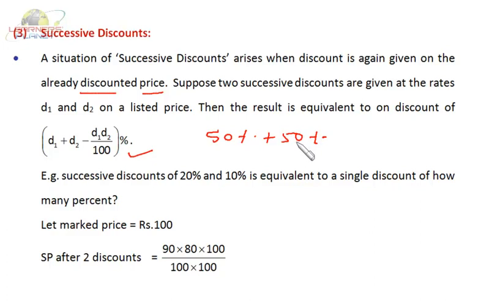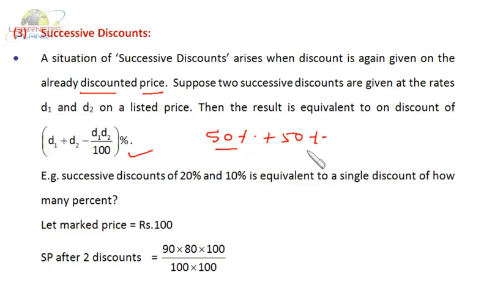But actually it is not free, it is a successive discount. That means first you are getting a discount of 50%, then on that discounted price you are further getting a discount of 50%. So that's not 100% waiver in the price.